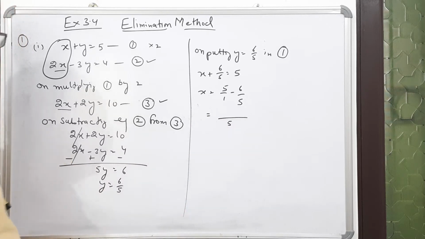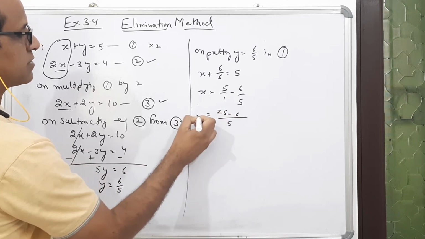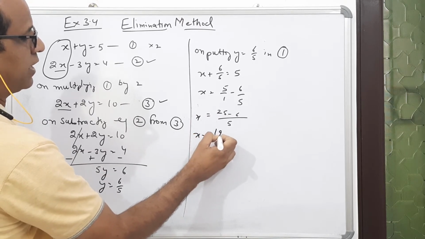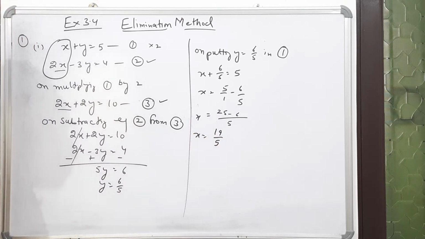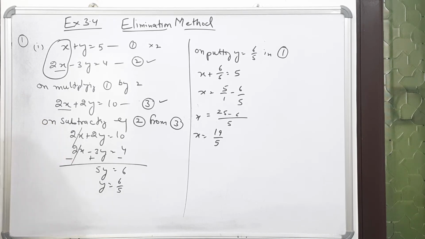Take the LCM as 5. This is 25 minus 6. So the value of x is 19 upon 5. In this way we can solve a problem by the elimination method by equating the coefficient of any one variable, and then we can eliminate it.